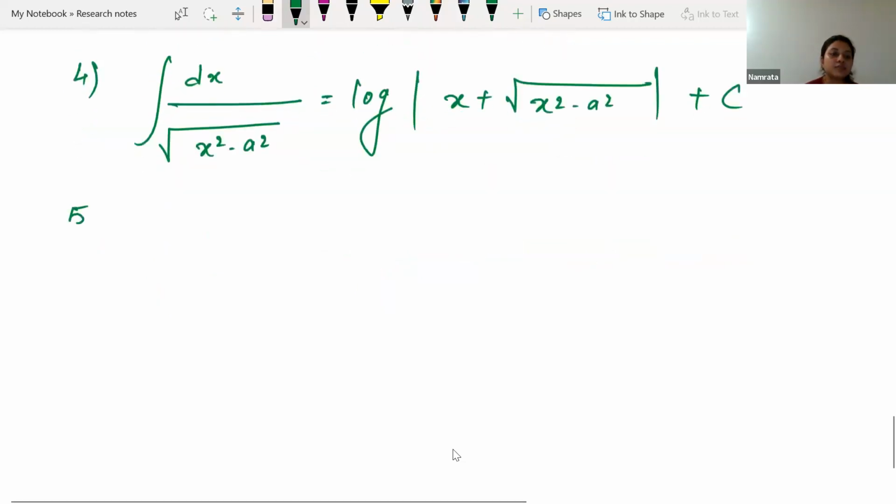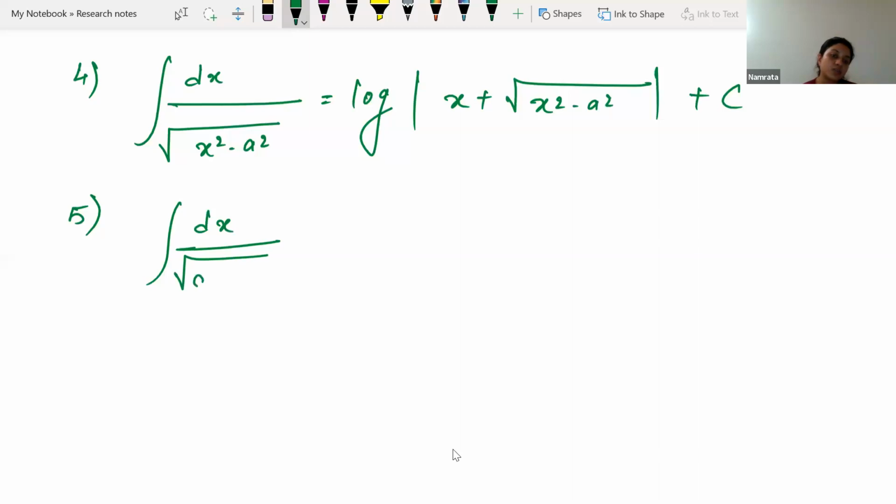Number 5, when we are having dx over under root a square minus x square, this formula, few of them came from the arrangement which I have shown to you. Few of them came from the trigonometric substitution. So this is the formula for sine inverse x by a plus c.